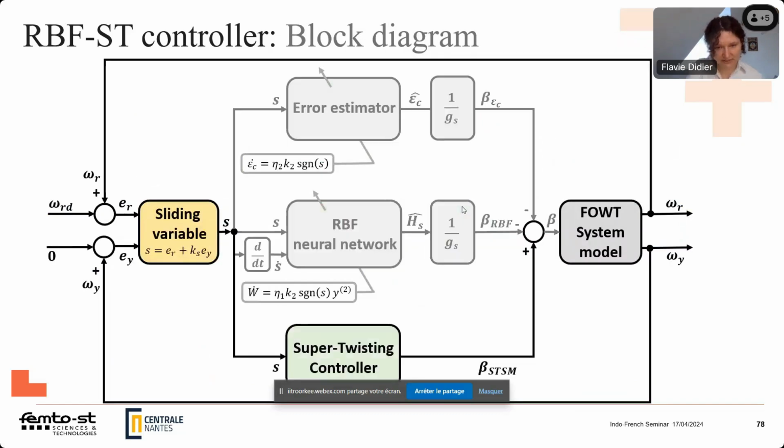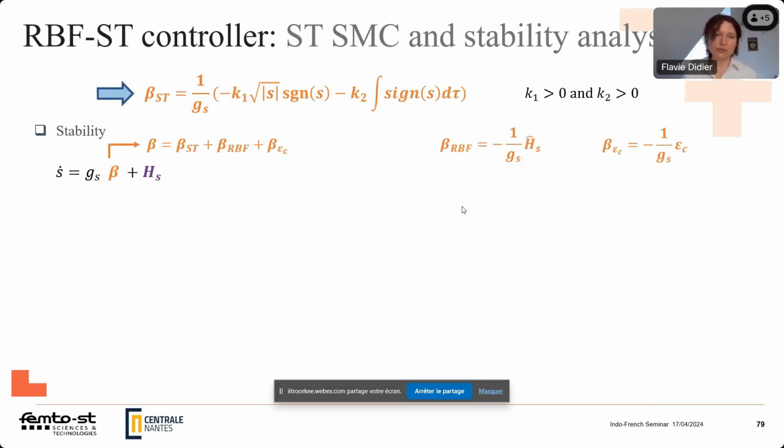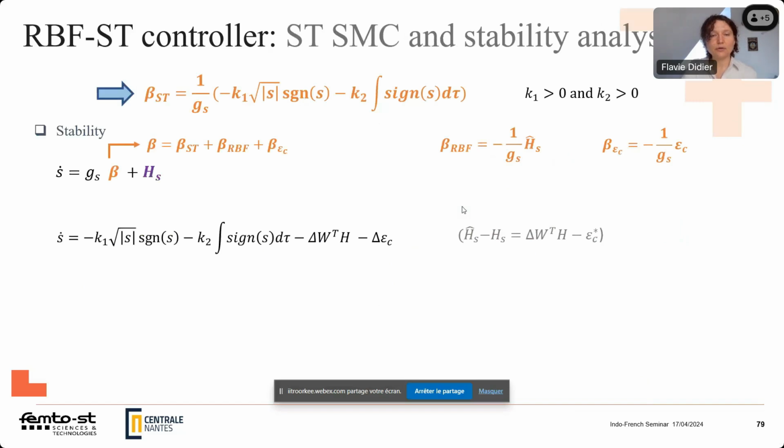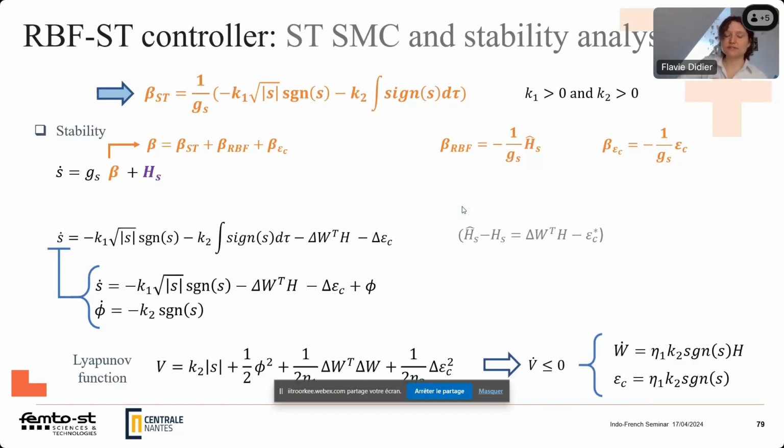And then the super twisting algorithm. So here is the expression. And for the stability, we replace our command by the three components introduced. And we have this expression that we choose to rewrite as follows, for using this Lyapunov function, which gives us these two adaptive laws for the weight of the neural network and the neural network error estimation.